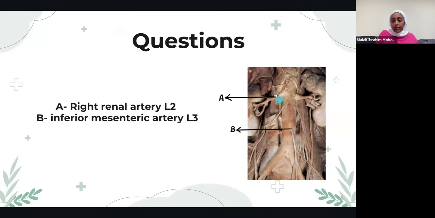So basically A is the right renal artery. Some people just wrote renal artery. Better say right, because I'm not sure, but they might be strict in marking between right and left. And yes, it's L2. And this is the inferior mesenteric artery.